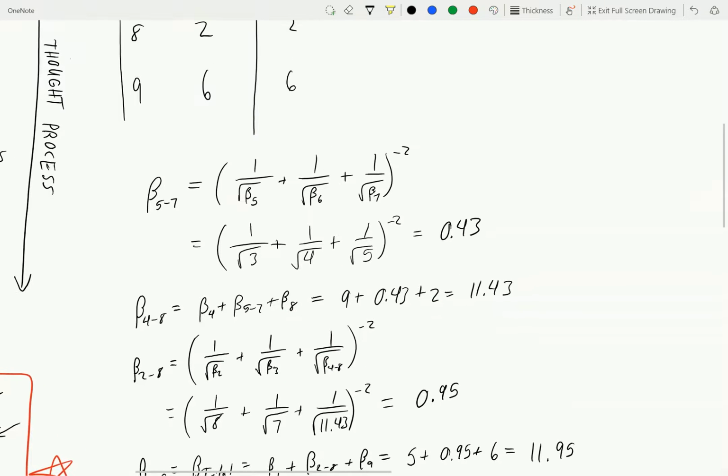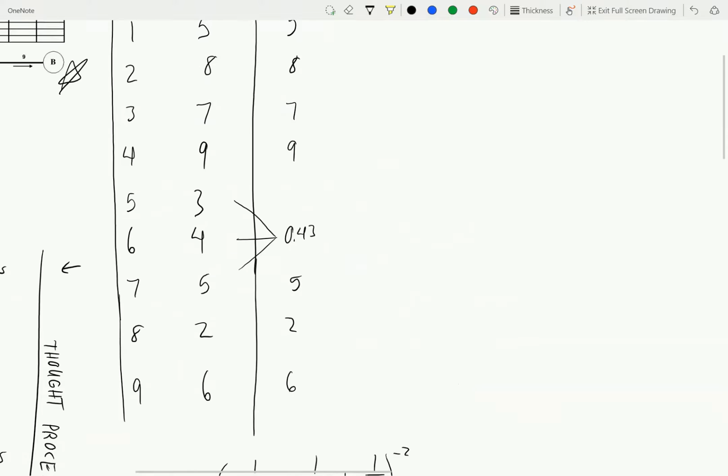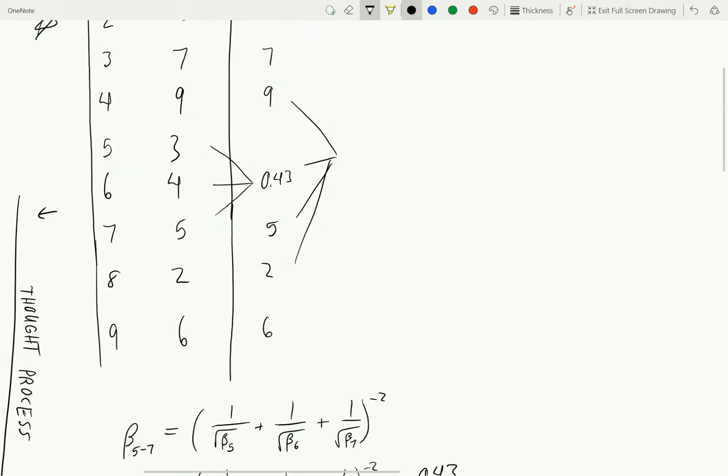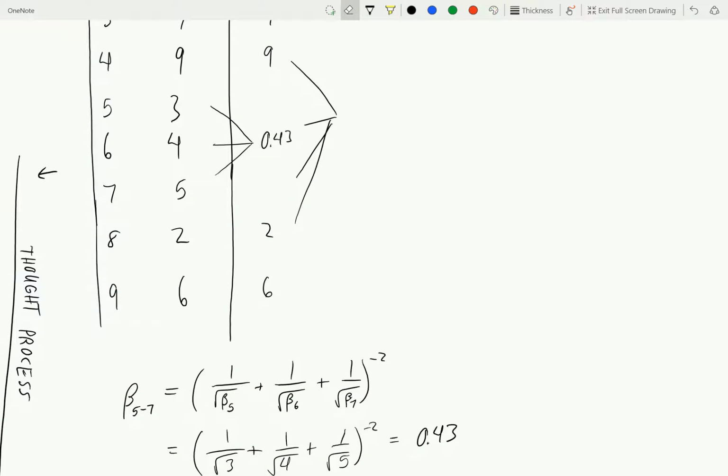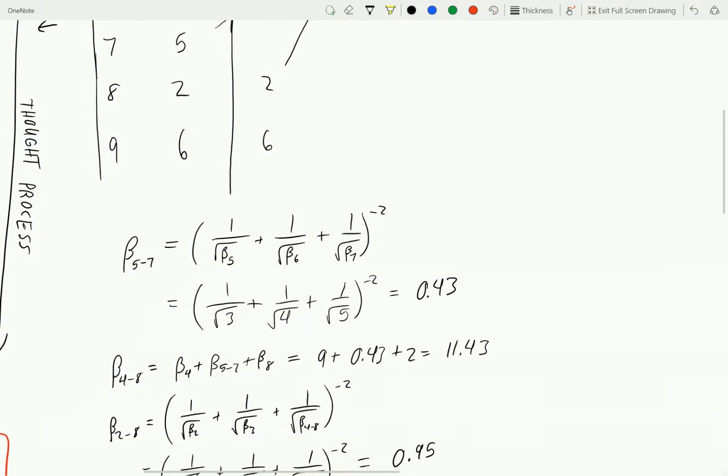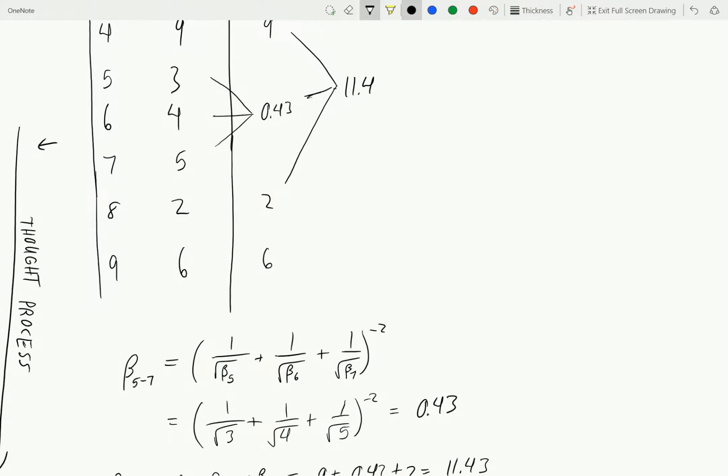Next we have 4 through 8, so we include this one. Oh, that doesn't go there. That's included in 5 through 7. So this is 11.43.